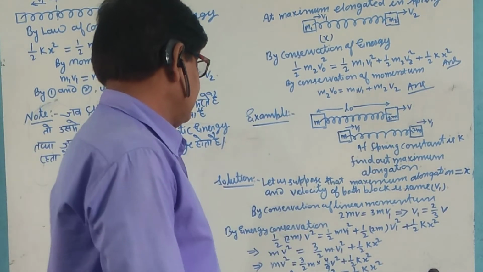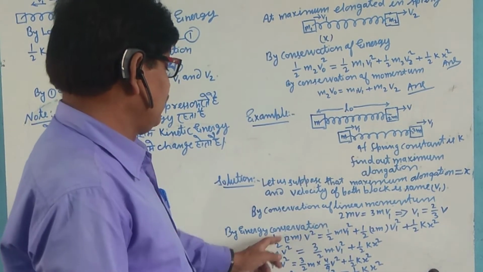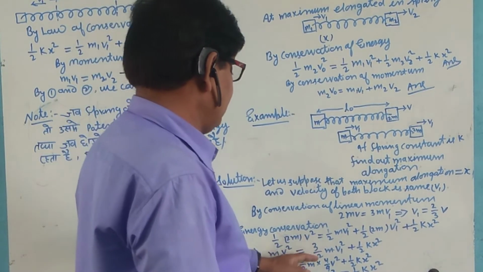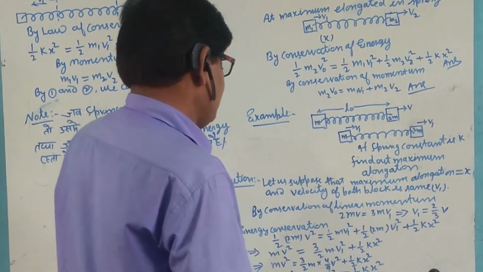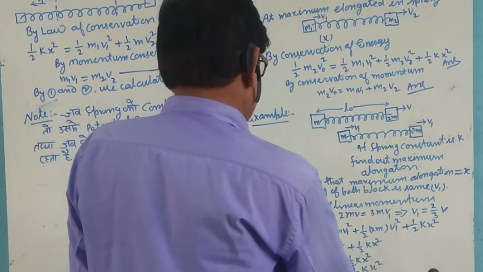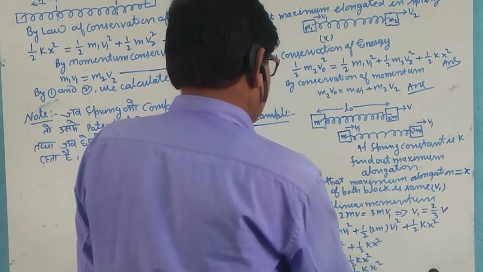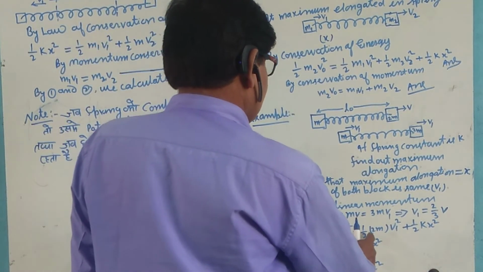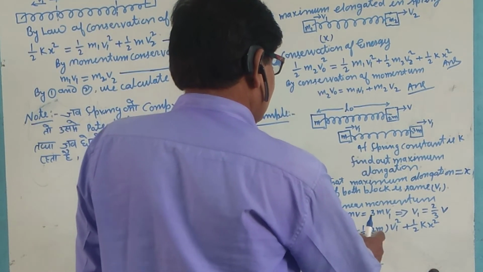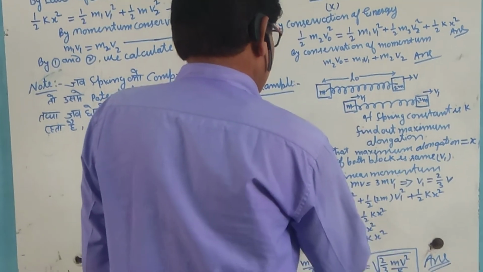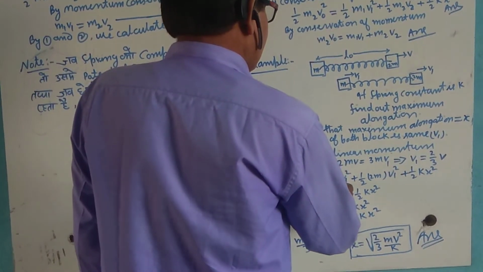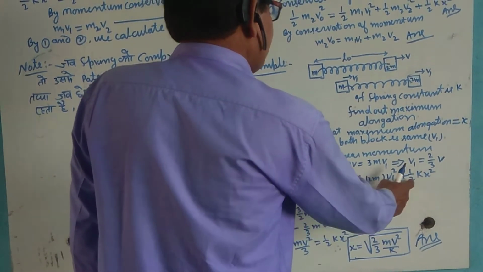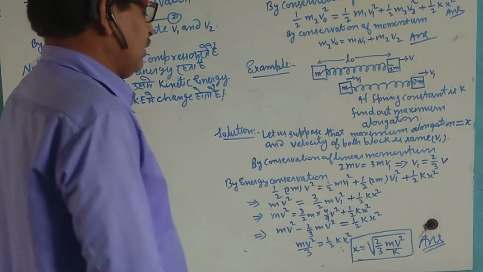This is the kinetic energy. The 2 and 2 cancel, so m v square equals 3 by 2 m v1 square plus half k x square.